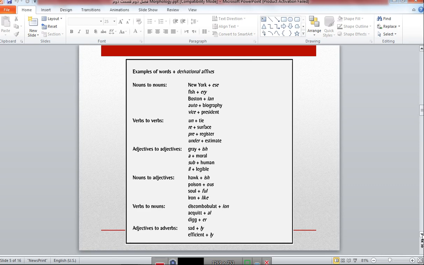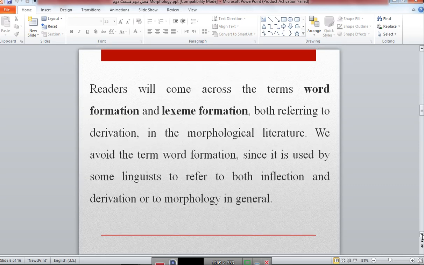So readers will come across the terms word formation and lexeme formation, both referring to derivation in the morphological literature.